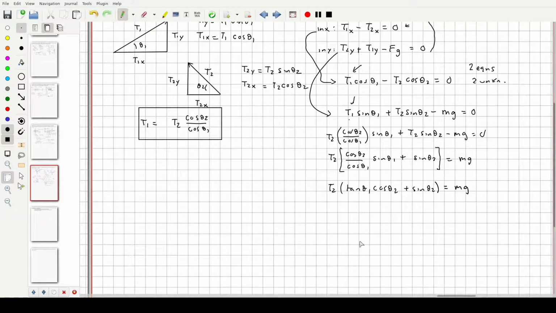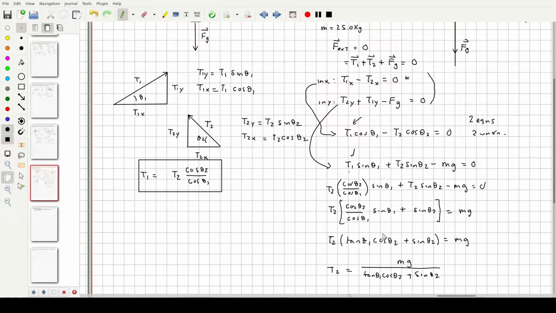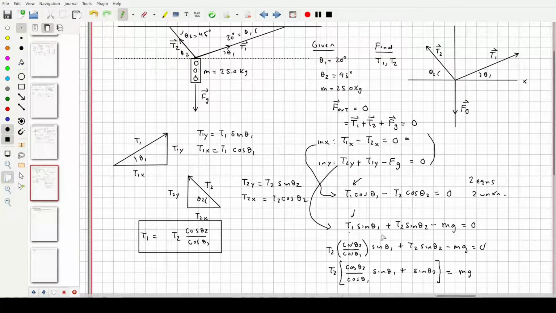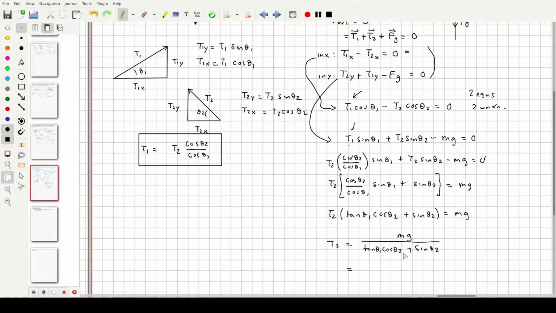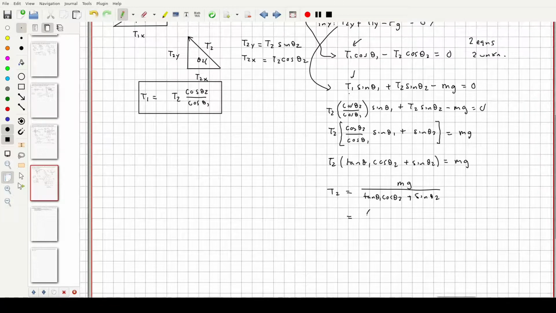Now things are a little bit easier. If I want to find out what T2 is now, I can just move this stuff over here to the right-hand side by dividing both sides by it. mg over tan theta 1 cosine theta 2 plus sine of theta 2. All right, so what's mg equal to? Well, our mass was 25.0 kilograms.